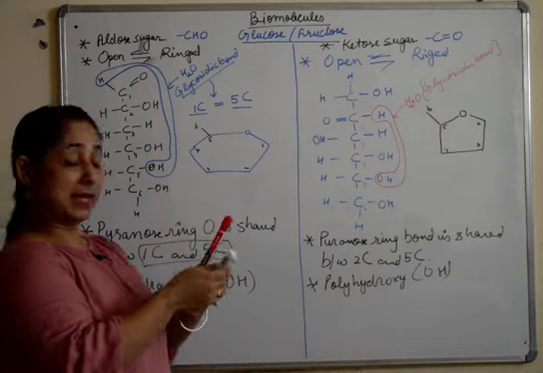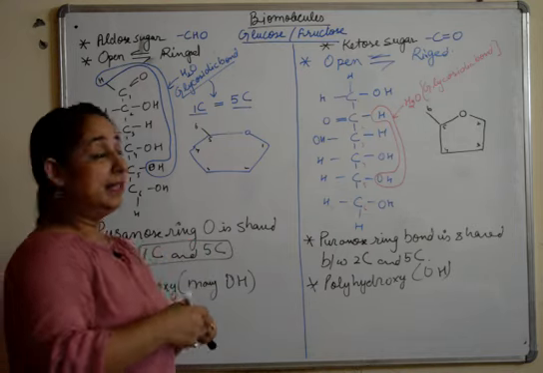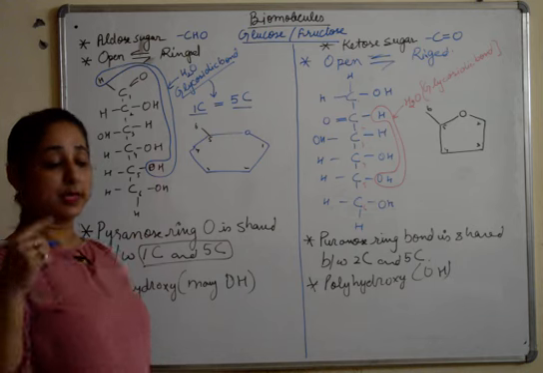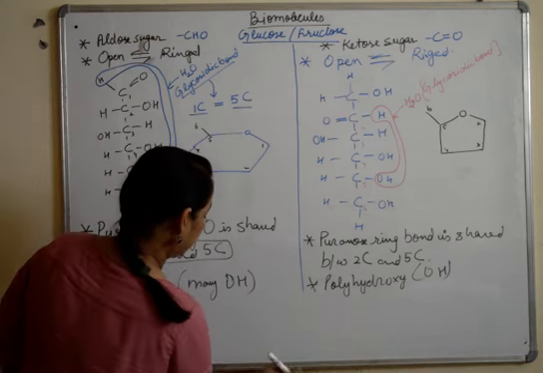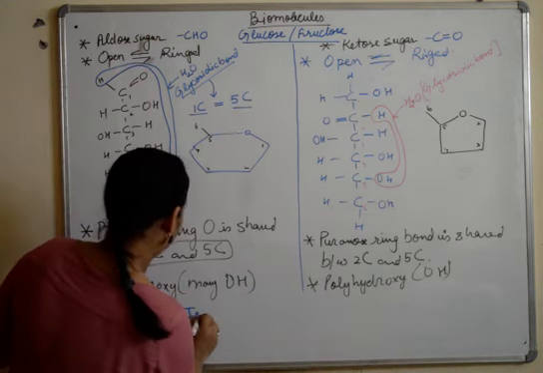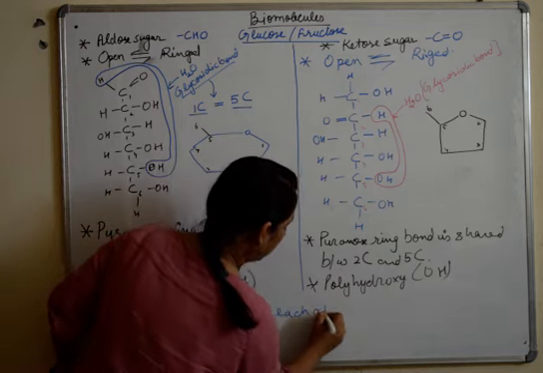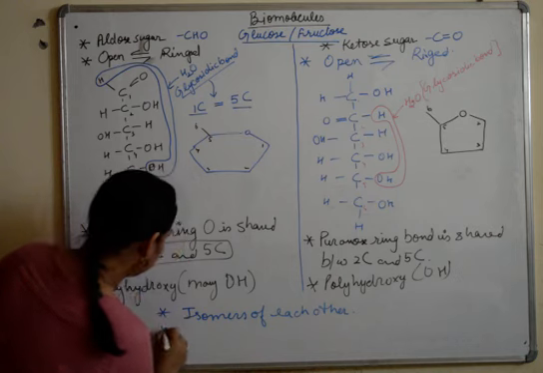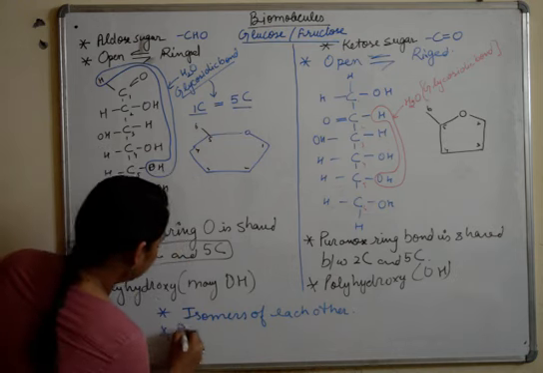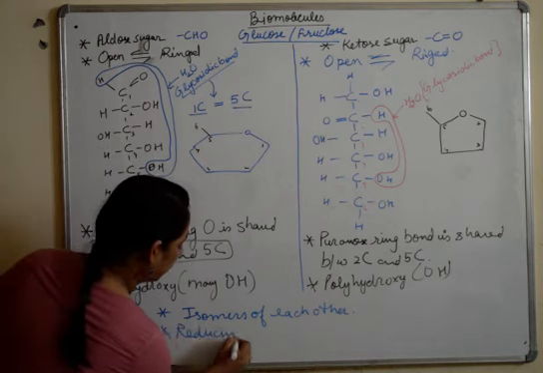Plus there are some things common: glucose and fructose are isomers of each other. I'll write here, they are isomers of each other. And second, both of them are called reducing sugars.